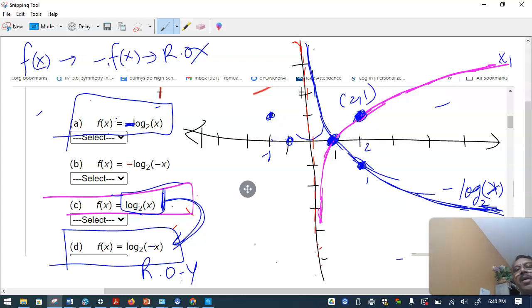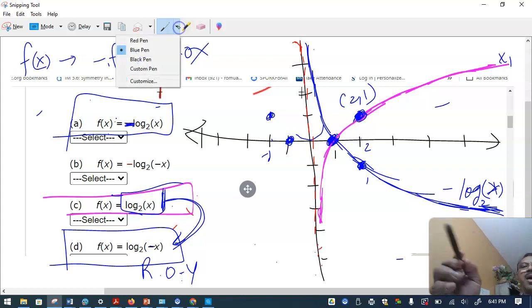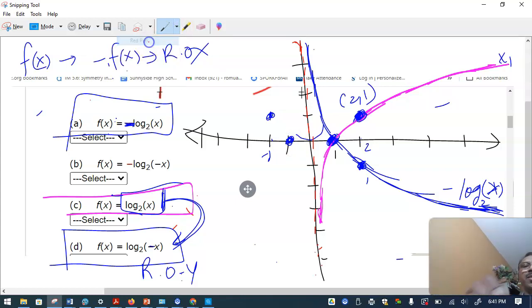See, it's going to reflect this way. So the new graph, I'm going to use the red color to show it, is something like this. It doesn't look good, let me use, so like this. See? And that's the reflection of the pink color over the y-axis, and that's the graph.